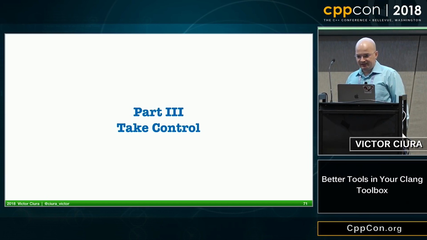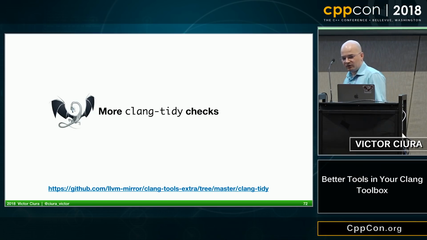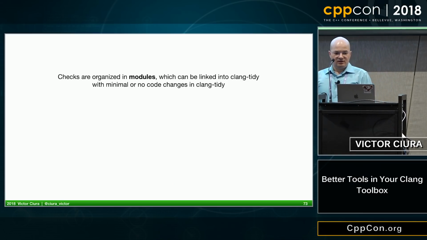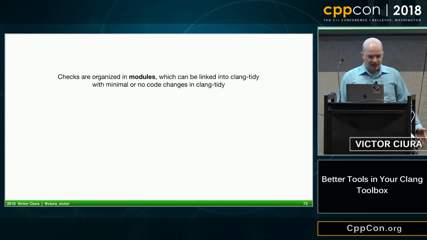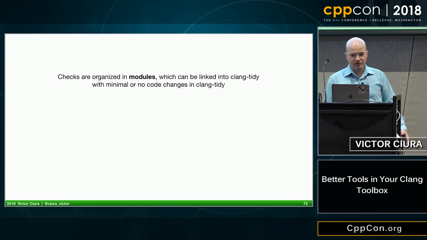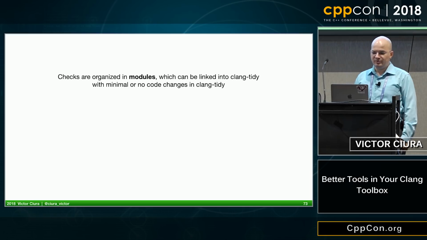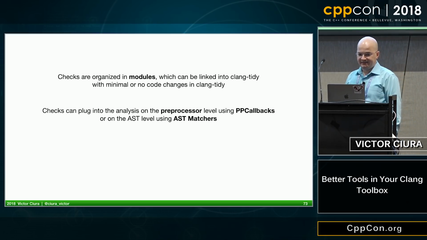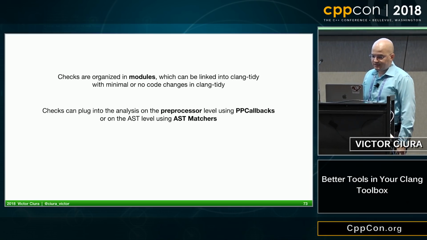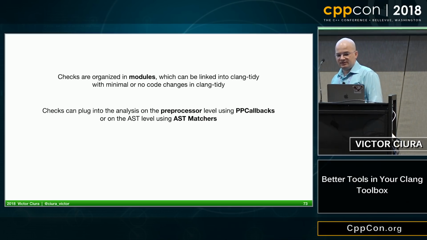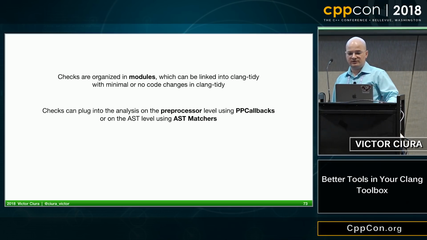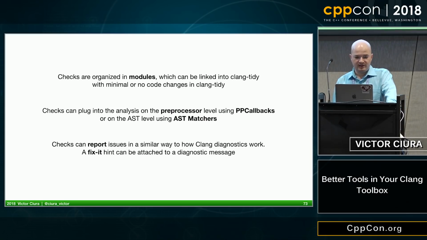And for part 3, more Clang-tidy checks. Tidy checks are organized in modules, which can be linked into Clang-tidy with minimal or no code changes in Clang-tidy. Checks can plug in the analysis of the preprocessor with PP callbacks, or in the AST with AST matchers.